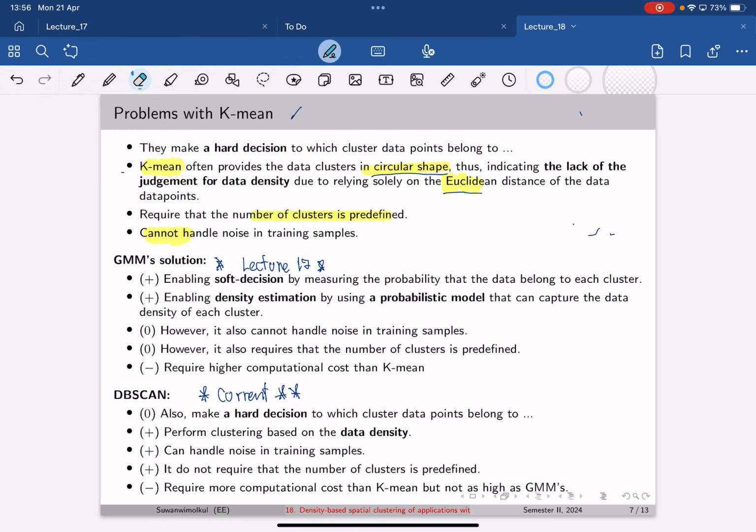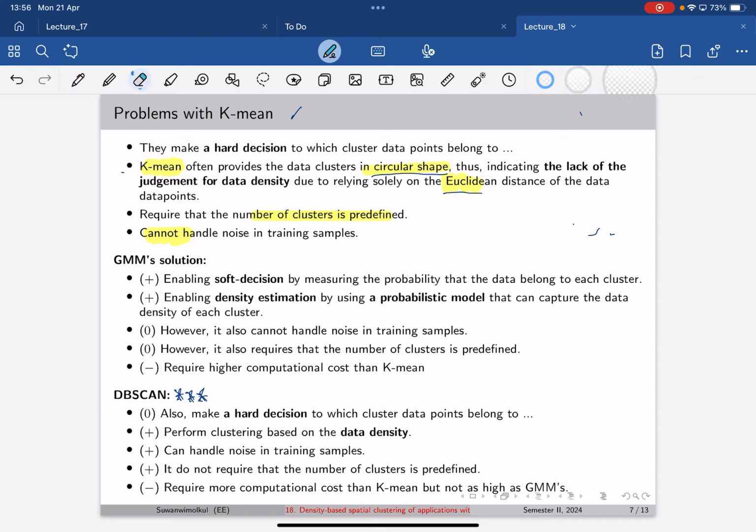It has a lot of benefits over K-means and is more efficient than GMM, and that is the reason why it becomes one of the first choices when people want to try a clustering algorithm.